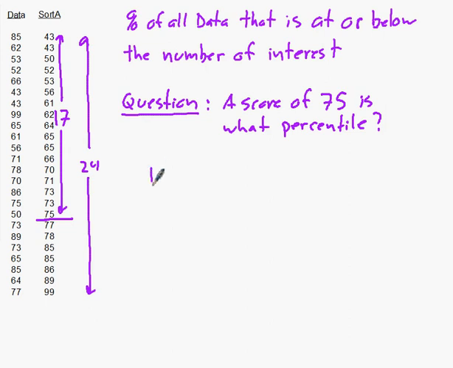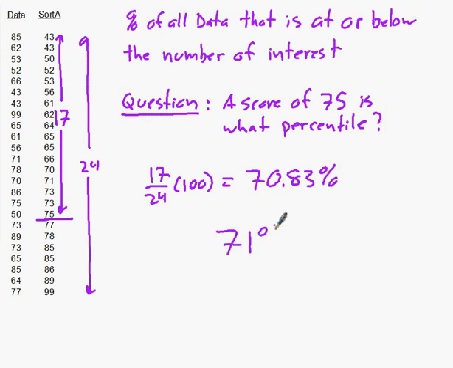So the percentile is fairly straightforward. 17 out of 24 times 100, and you end up with 70.83%, which I might just round to 71%, is at or below our number of interest of 75.